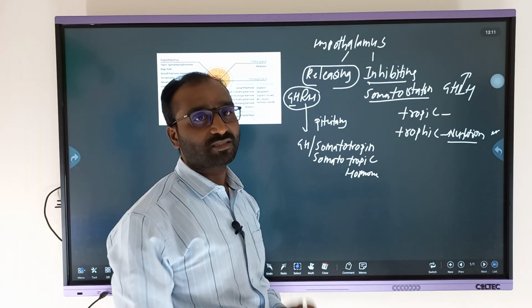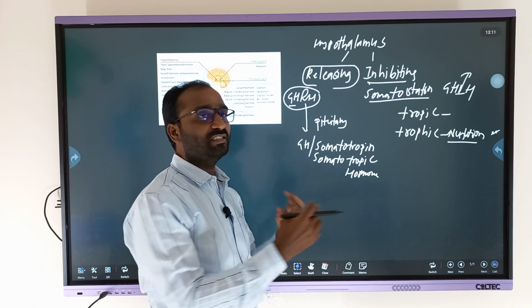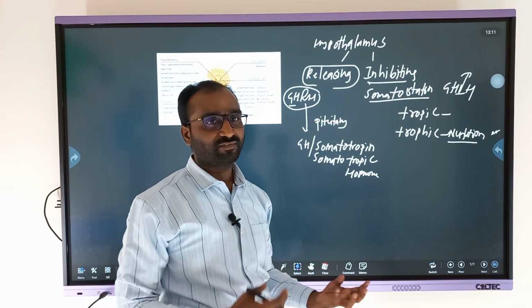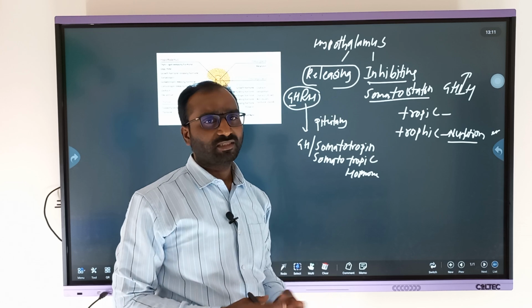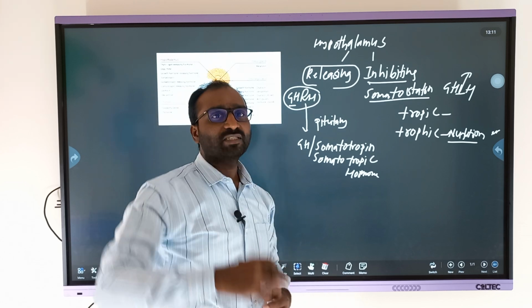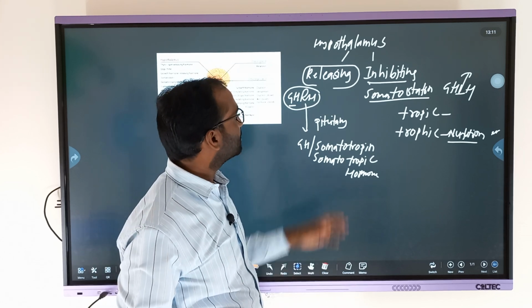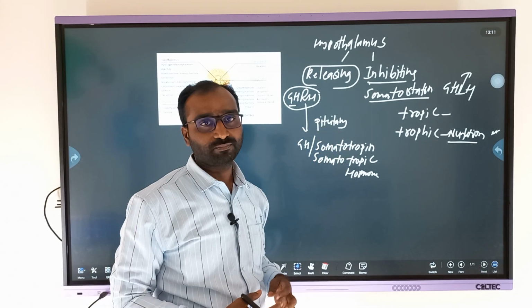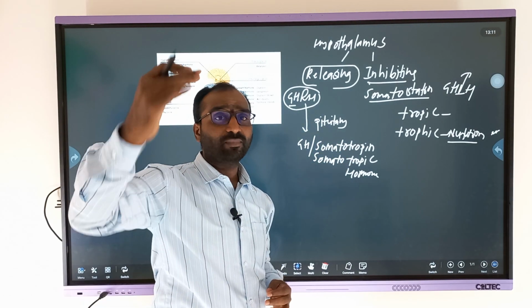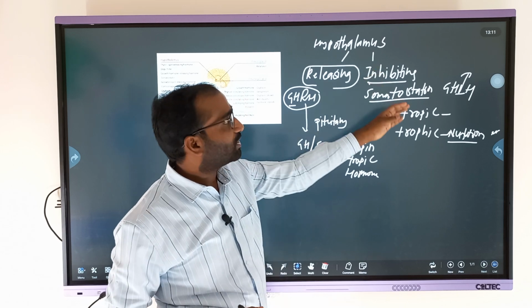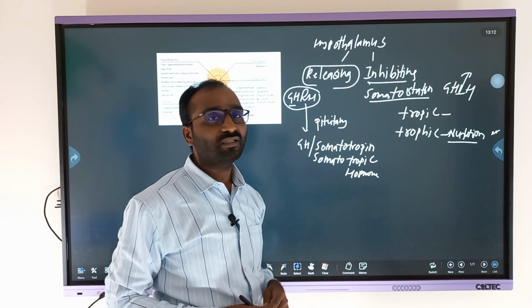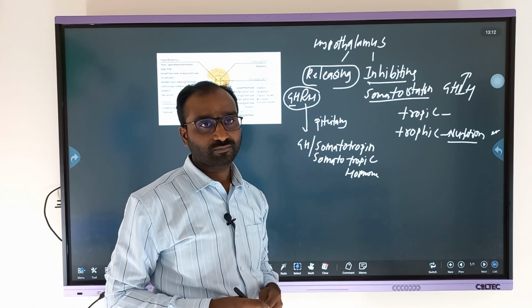Because we can observe the maximum height of human beings is reached by 15 or 16 years, 17 as per the age. By 17 or 18 years, the growth stops. What is the reason? Until then growth hormone is released in ample amounts. But whenever there is the maximum height, the growth hormone inhibiting hormone is released to suppress the growth. Am I clear?